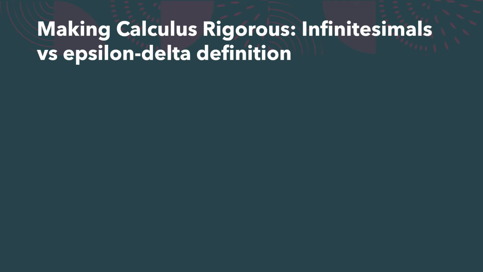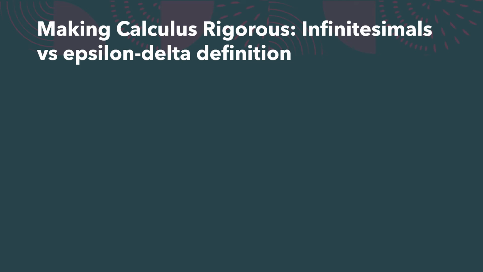And then you asked, how did Cauchy and Weierstrass make calculus rigorous? And you asked, can a derivative measure the instantaneous rate of change at x equals 0 and y equals 0? So yeah, all these questions are good.